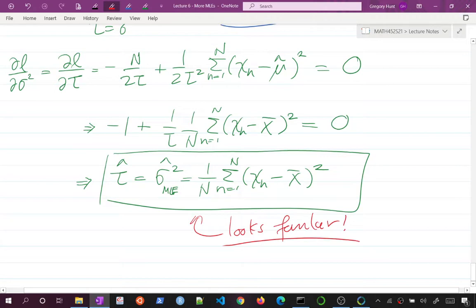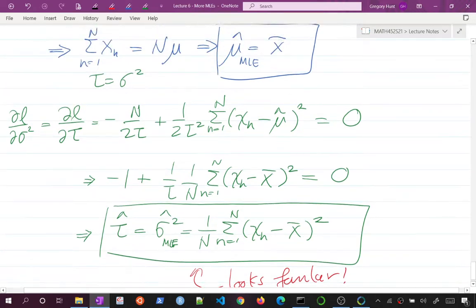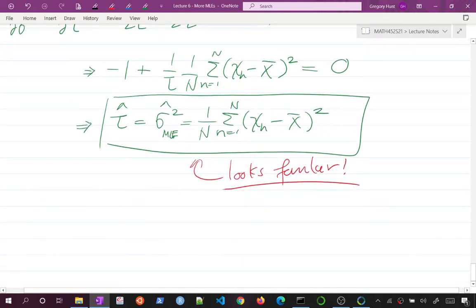So backing up, we basically solved the problem at this point, right? This is the formula for mu hat, and this is the formula for sigma squared hat. So we have our MLE estimates for the now two unknown parameters here. This looks familiar. It's almost our s squared, right?